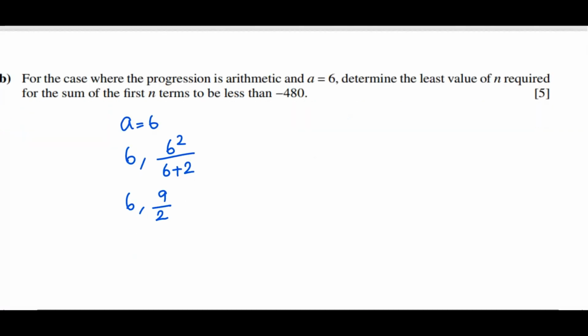Since it's an arithmetic progression, we need to find the value of d. d is the difference between any two consecutive terms. So d is equal to 9 over 2 minus 6, which is equal to minus 3 over 2.